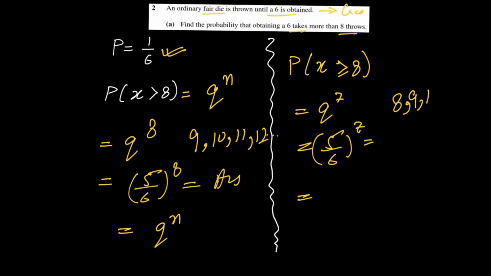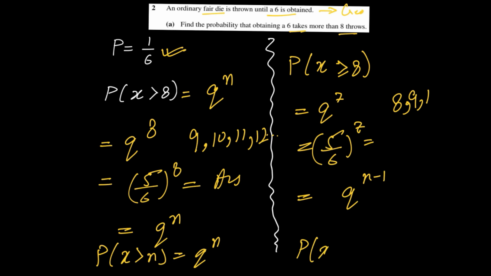And this gives us the formula q to the power n minus 1. So if they ask you the probability of greater than n, you will use q to the power n. And if they ask you the probability of greater than or equal to n, then it's q to the power n minus 1.